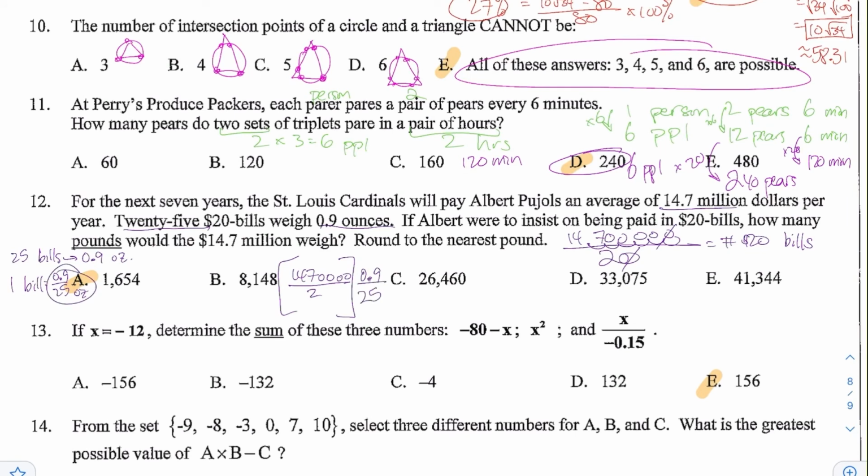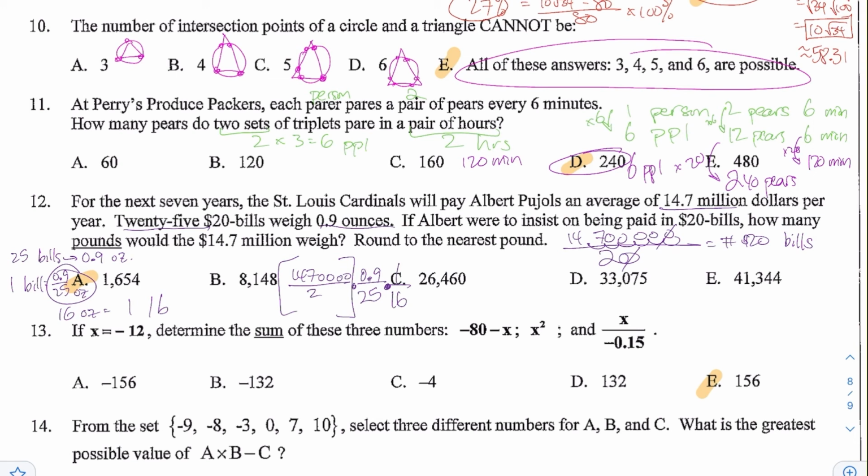To go from ounces to pounds, you know that 16 ounces is equal to 1 pound. So to go from ounces to pounds, you have to divide by 16, or multiply by 1 over 16. So then you have to multiply that.